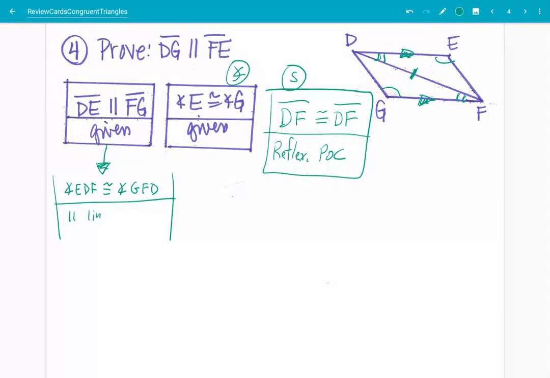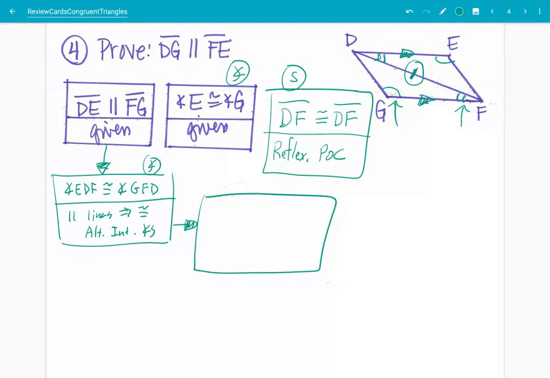That's parallel lines imply congruent alternate interior angles. And now I've got angle, angle, side. Let's see, is that angle, angle, side, or is it angle, side, angle? I got angle, angle, and then the side. Yeah. This side is not included between this angle and this angle, so it's angle, angle, side.